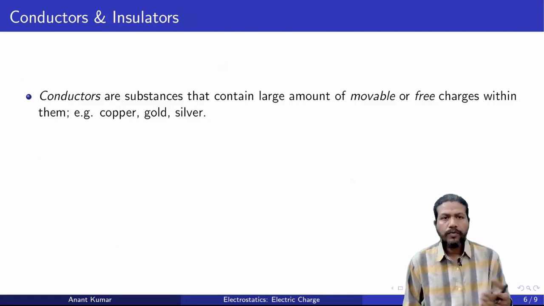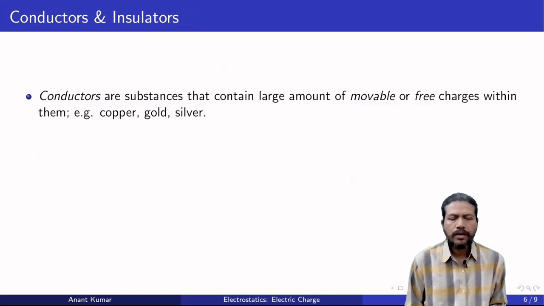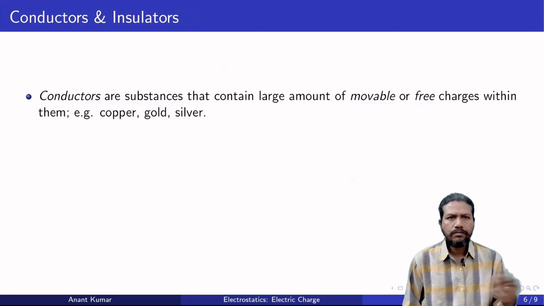Now when I say movable free charges, we should understand that everything is made of atoms, and atoms are made of charges. They are basically carrying positive on the protons and negative on the electrons. Now what happens in the case of metal conductors in general is they will have free movable charges.